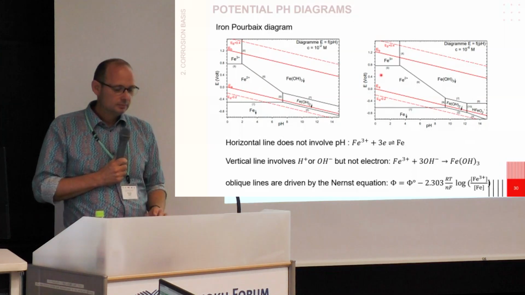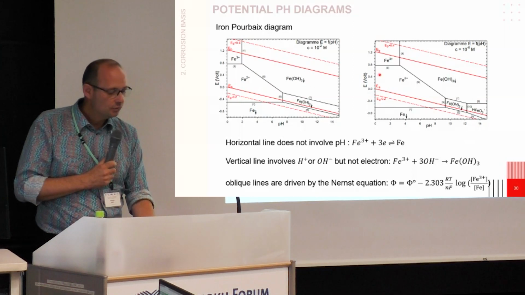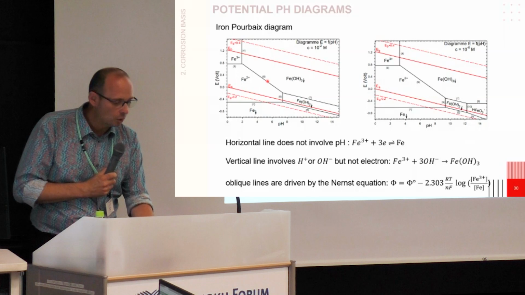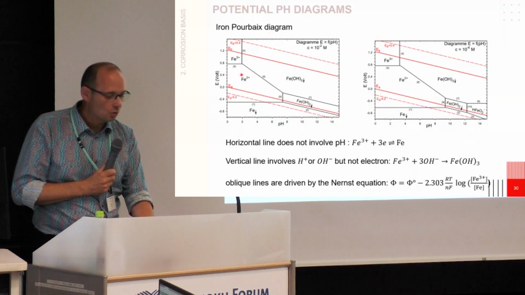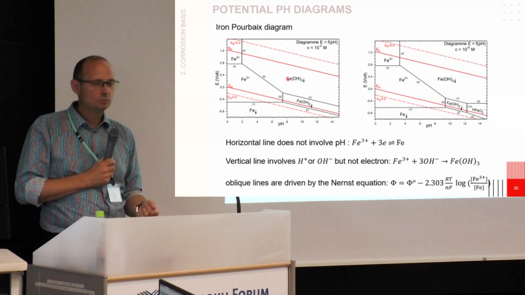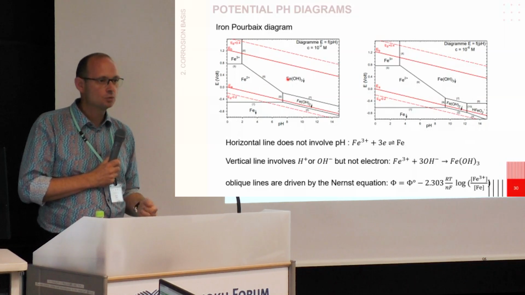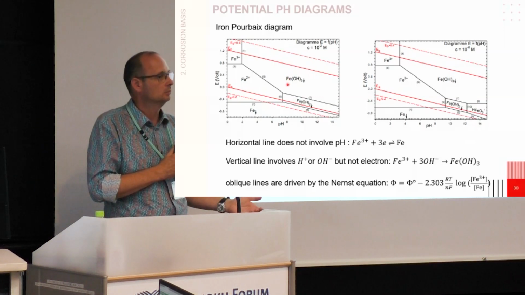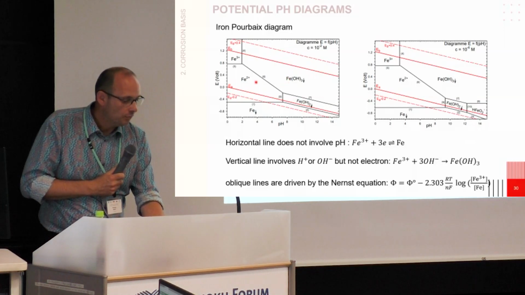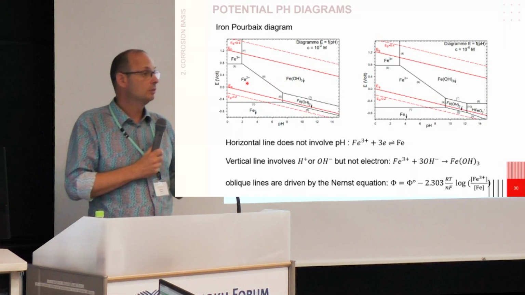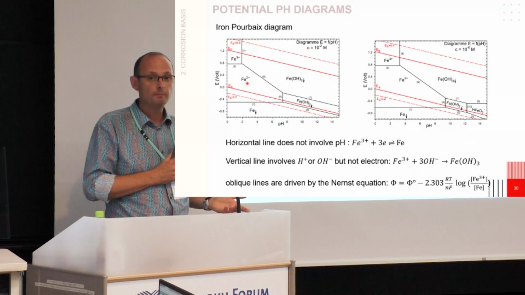So like that you can define, according to the two lines of the water stability, what we will find. For example, at this potential and this pH, if I put an iron rod in solution, I should not have any more iron, but I should produce iron oxide. If I increase the pH, I should produce iron ions.